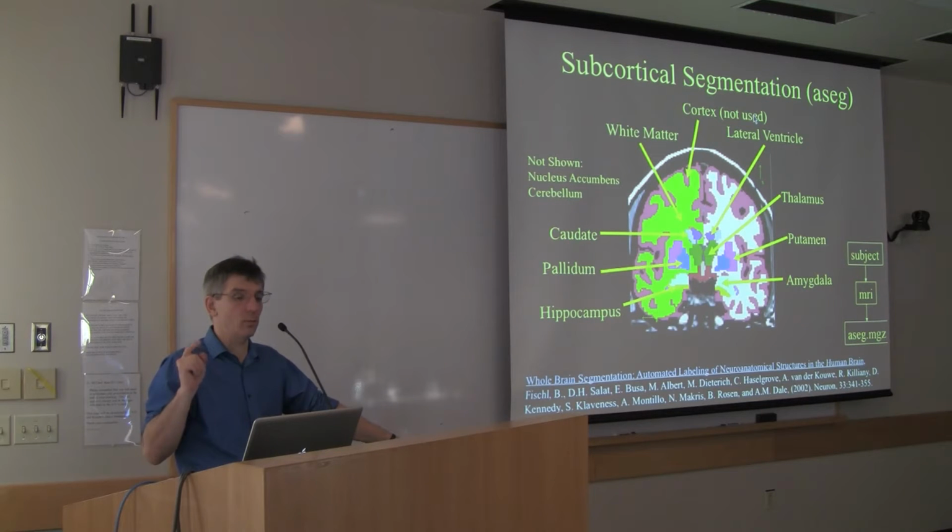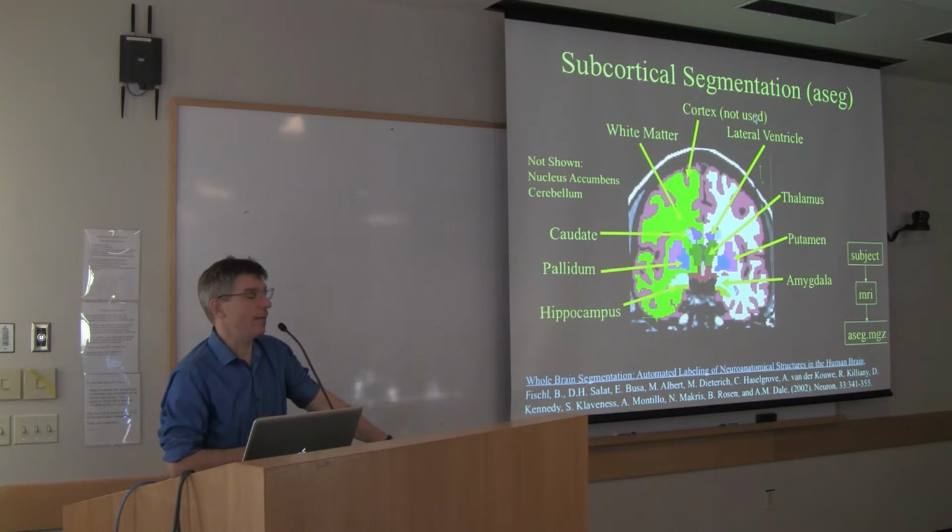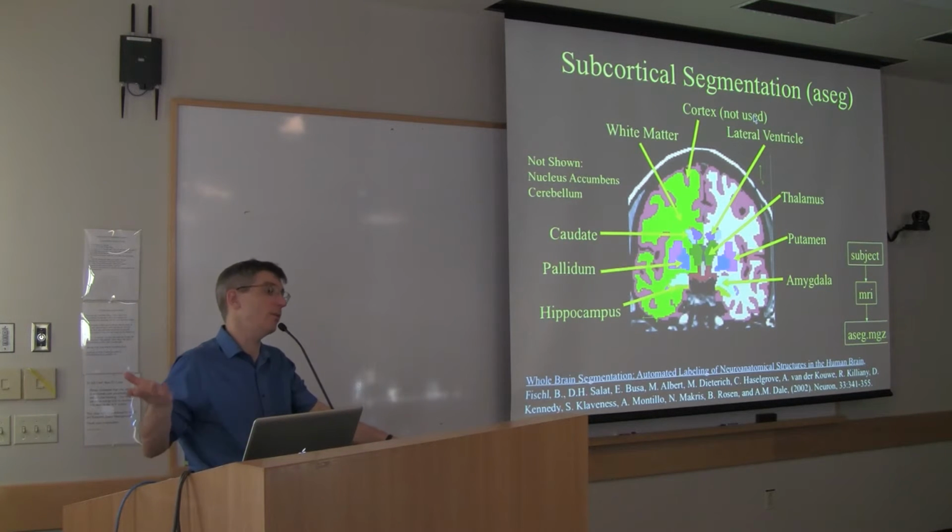The reason why it has to be on here is that you have to label every voxel, or you can't label any voxel. So we have to label cortex, and that's why cortex shows up in our volume-based label, but we don't end up using it because we have something more accurate later on.